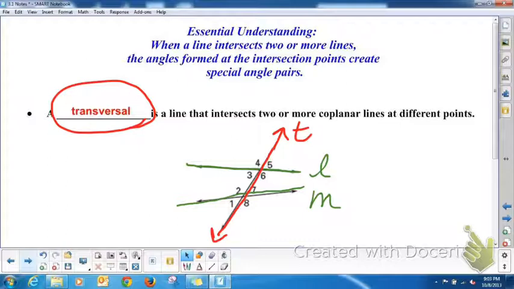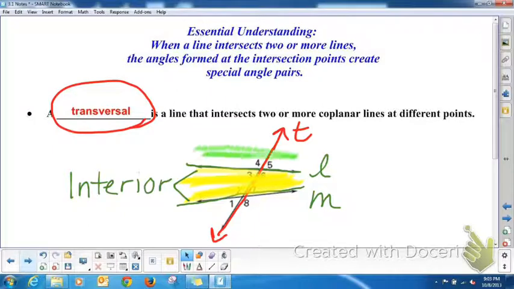Some of these angles lie in between the two lines. The angles that lie in between the two lines are interior angles. These ones are interior. Then there are angles that lay not on the inside, but on the outside.